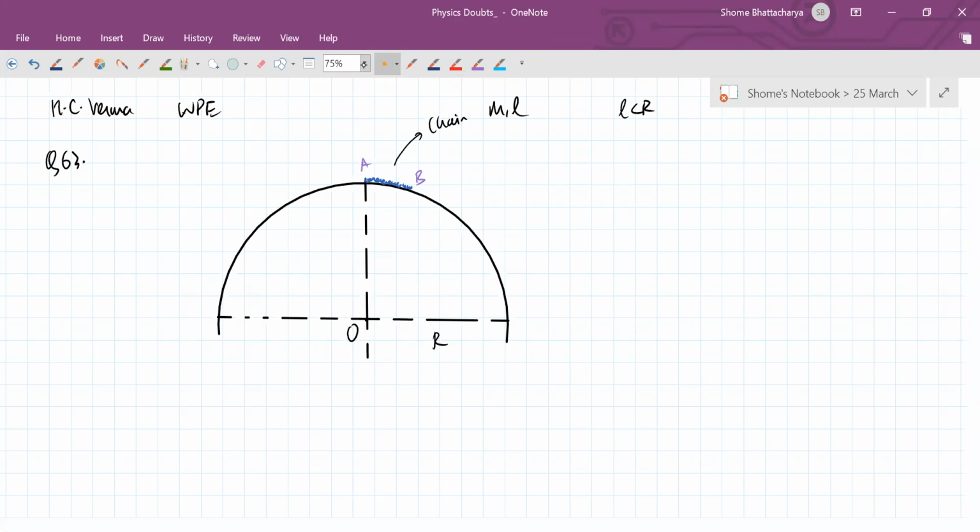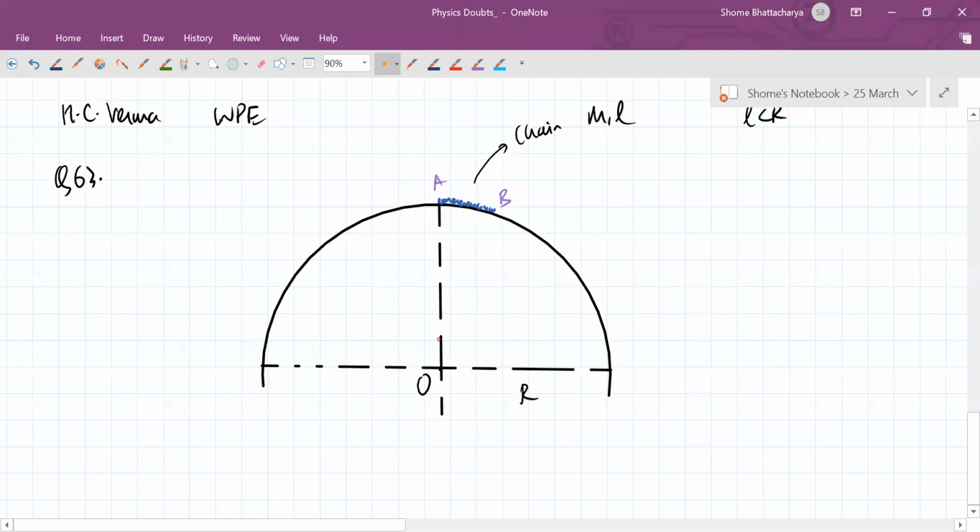So what we do here is we use the formula for position of center of mass. If this is a chain, the center of mass of the chain will lie where? It will lie on the angular bisector at some position like this.